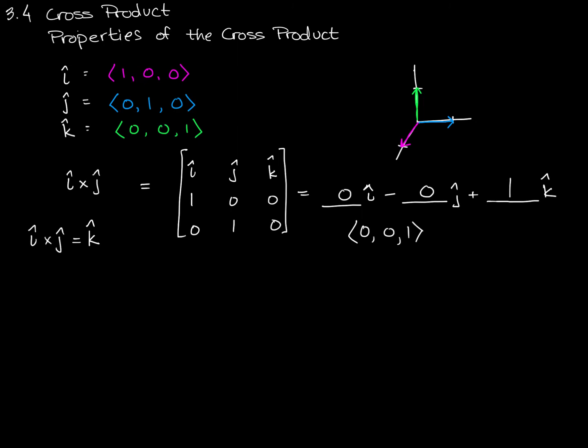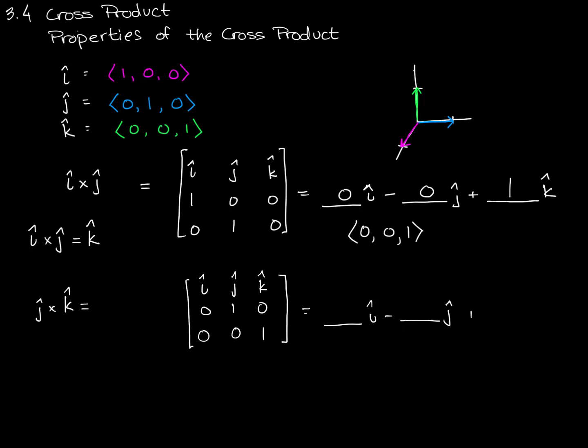Let's go ahead and do one more, just for giggles, and then I think that'll be enough for you to see the pattern. Let's do j crossed with k. I'm setting it up the same way. I'm using i, j, and k, but j is 0, 1, 0, and k is 0, 0, 1. So I'm going to get something times i minus something times j plus something times k.